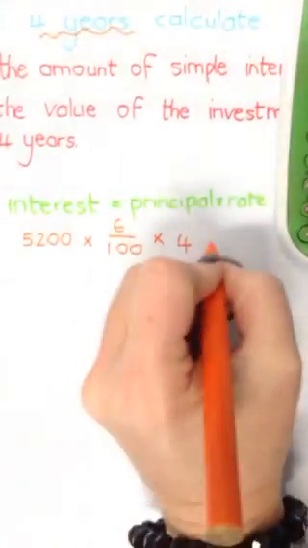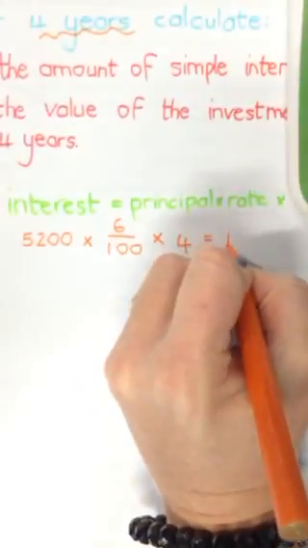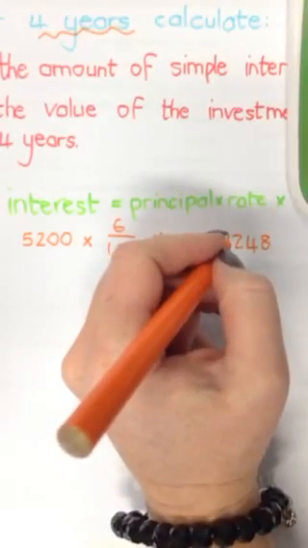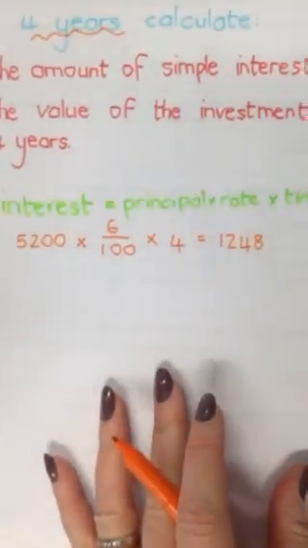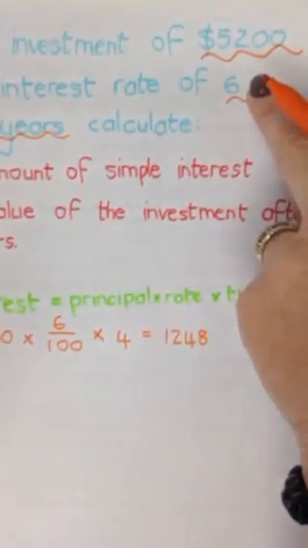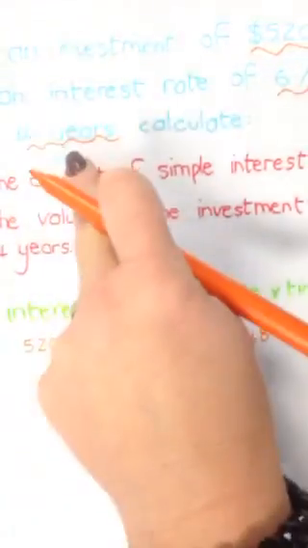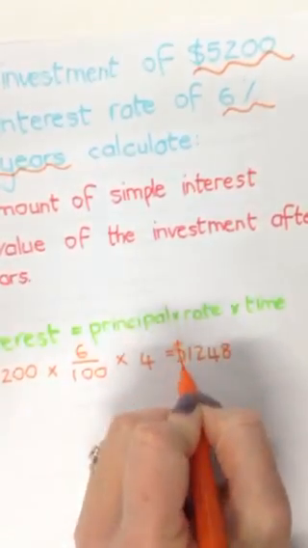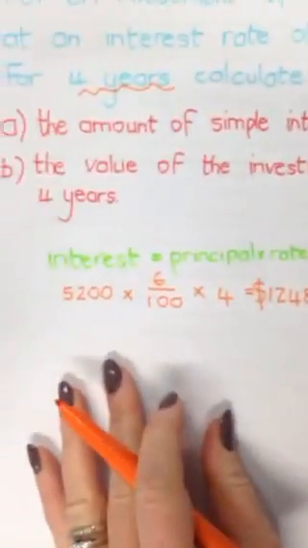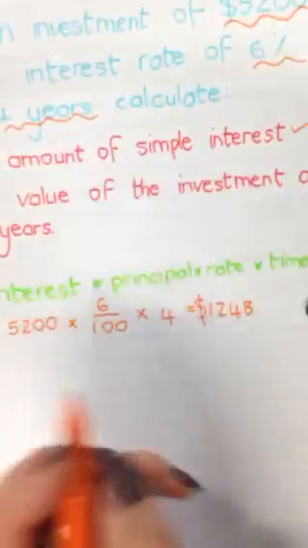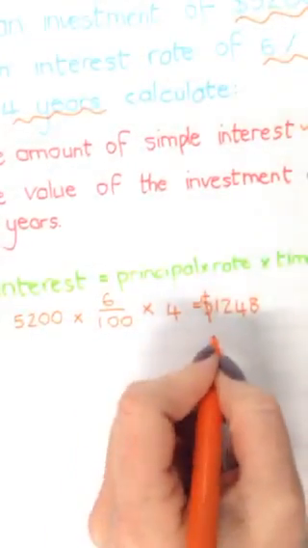So equals 1248. So what they're saying to me is that the simple interest that I would earn on this money, if I had $5,200 in my bank account for 4 years at a rate of 6%, I would earn $1,248. So now we've answered the first question, which says the amount of simple interest. Okay, so A, we've answered that question.